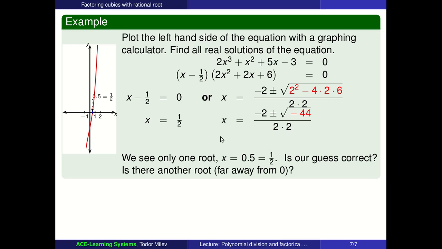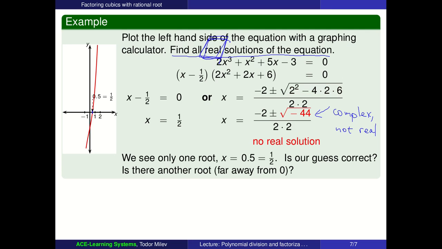Now, we got the radical of a negative number. So that is complex, not real. Notice that the problem asks us to find all real solutions of the equation. So complex numbers are excluded.